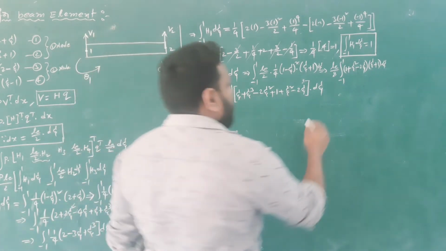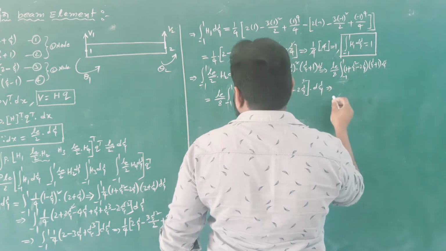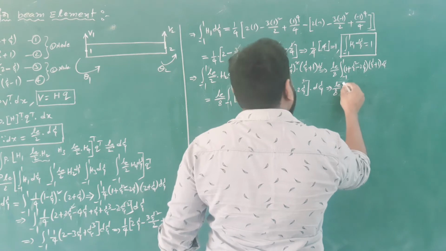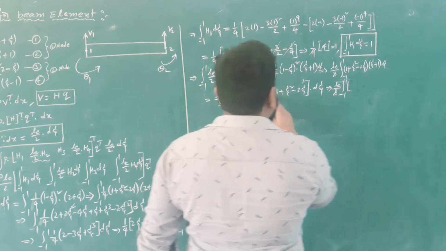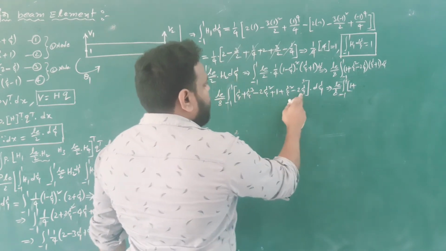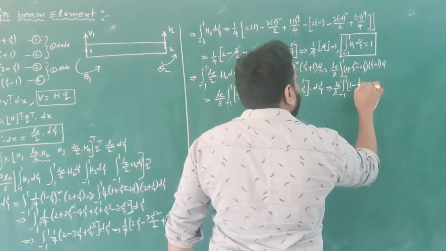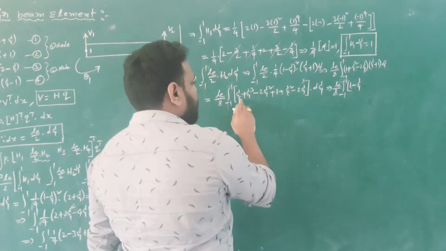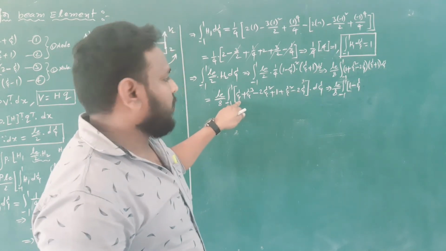So the remaining equation is LE by 8 into integral of minus 1 to 1, 1 minus j, minus 2j plus j, that is minus j.